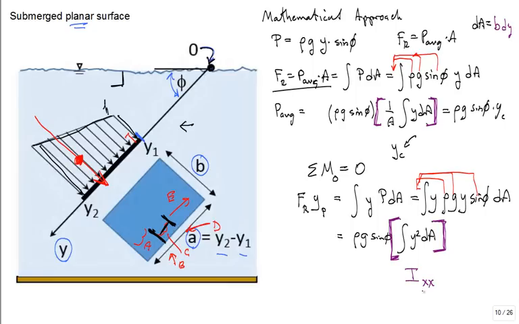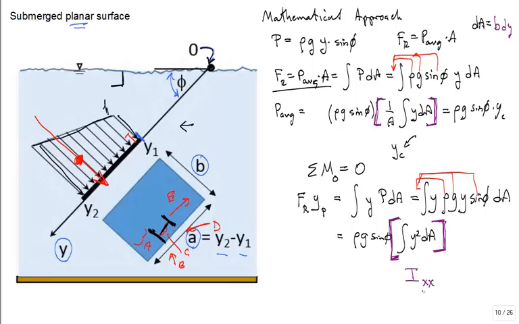Sometimes units help me. What are the SI units of the area moment of inertia, I double X, or just the moment of inertia? A lot of people would drop off the area term. It would be what? Kilogram meter squared is the perfect mass moment of inertia.